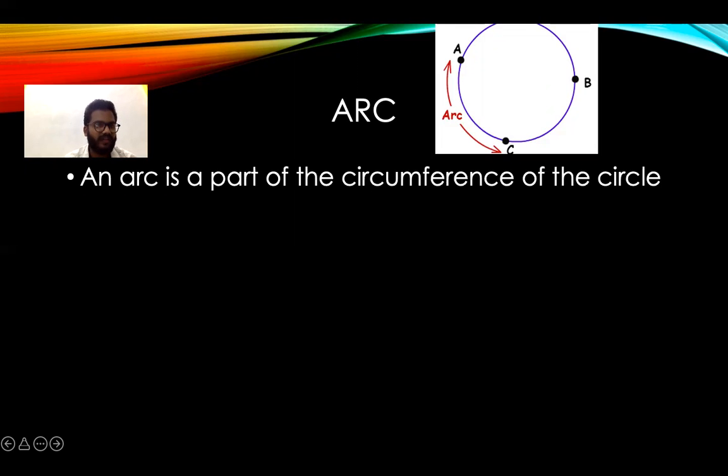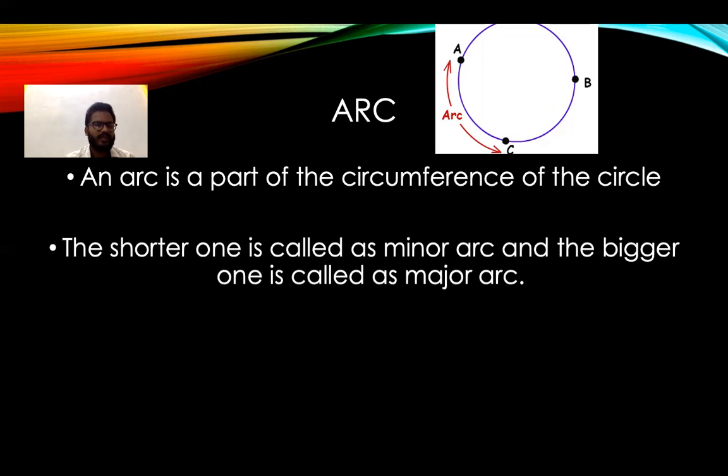The definition: an arc is a part of the circumference of the circle. Circumference is nothing but the total curve, that line. Here, the shorter one, this AC marked in red color, we call a minor arc, and the bigger one we call a major arc.